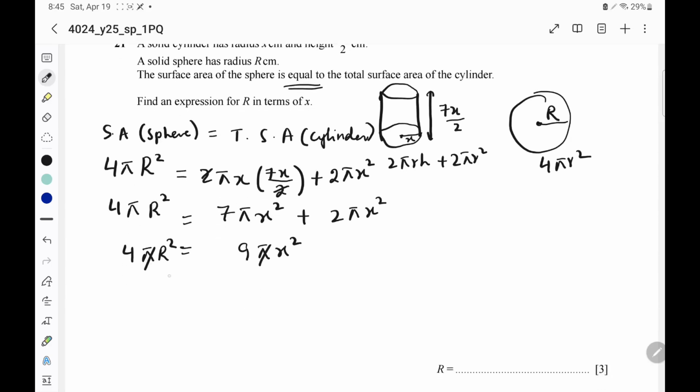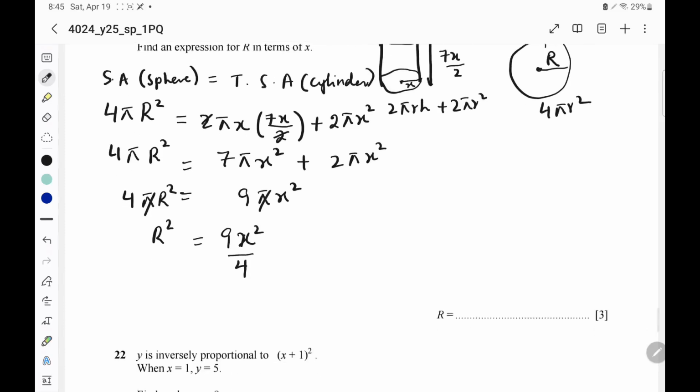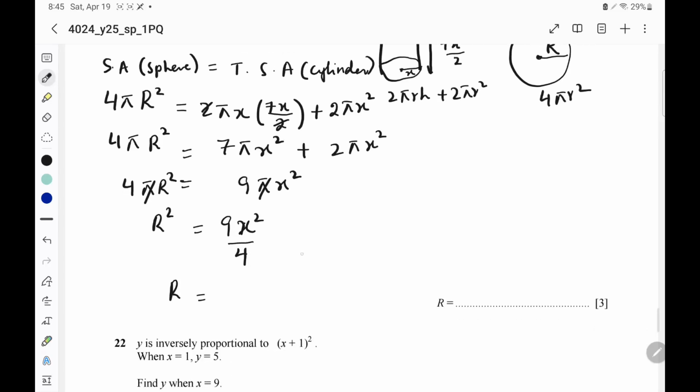So r square is equal to 9 x square upon 4, and if we take the square root, a radius cannot be negative, so that will be equal to 3x upon 2 or 1.5x, whatever you want, or 1 whole 1 over 2x. They all mean the same.